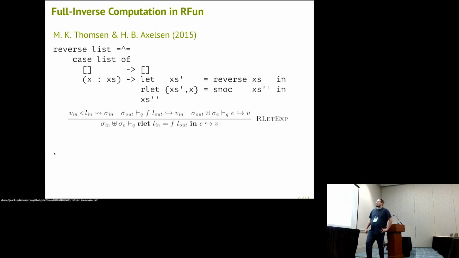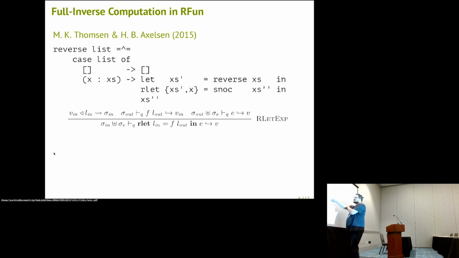But you know that if you compute the most general unifier of that value and this pattern that you have, then you should get this part of the environment, sigma in. So the inverse interpretation of this rule says, if you take this environment and apply it to the input pattern, you get a value. That was the value that f was called with. So you read this rule that way.